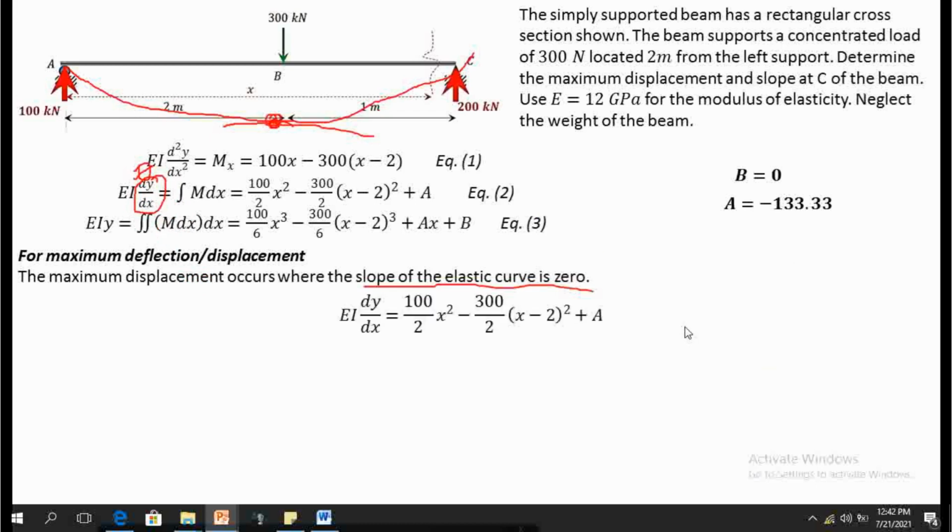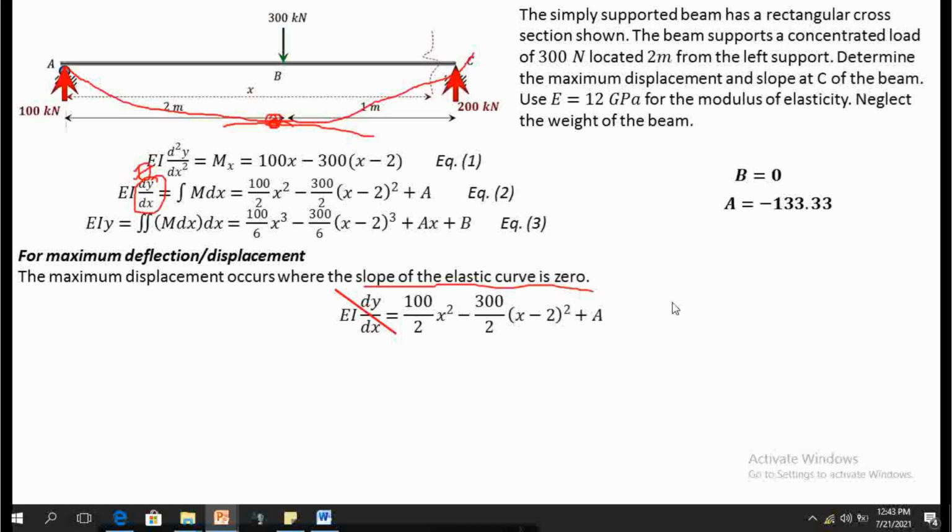Now, in equation 2, since maximum displacement, magzi-zero si dy over dx kasi nga, yung location ng maximum displacement, 0 yung kanyang slope. Then, alam ko yung value ni A kanina, that is negative 133.33. Therefore, I can solve the value of my x.